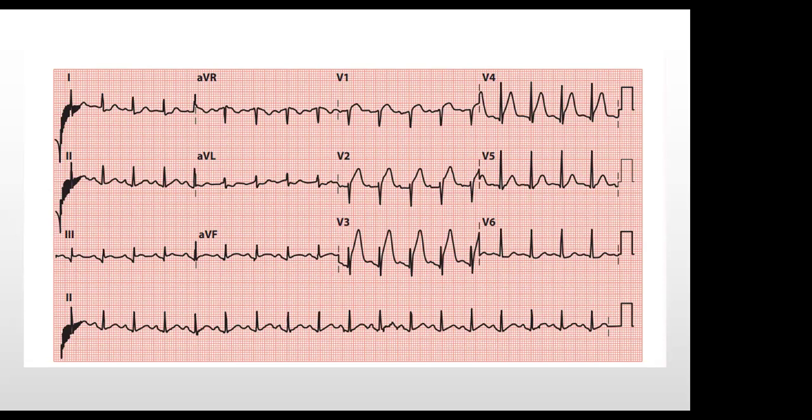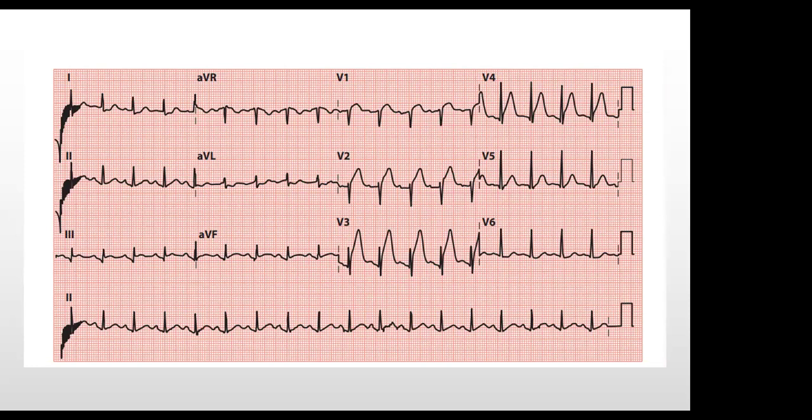So I think the history in this case will help. But with this ST segment elevation, I'll go for the STEMI. Okay. Also, the morphology of the T wave in hyperkalemia is usually narrow.